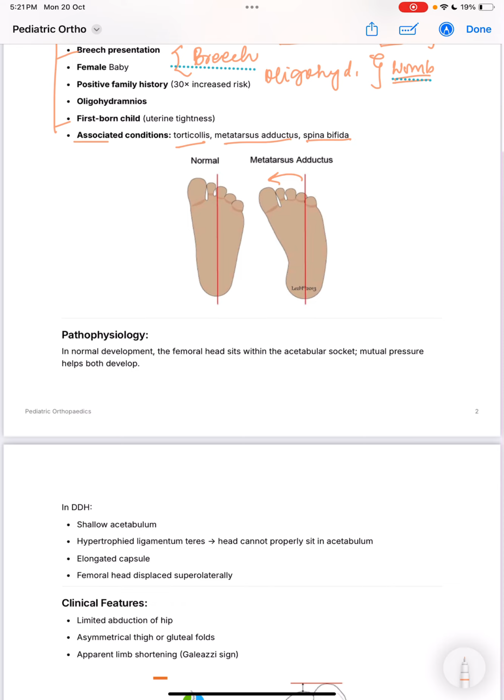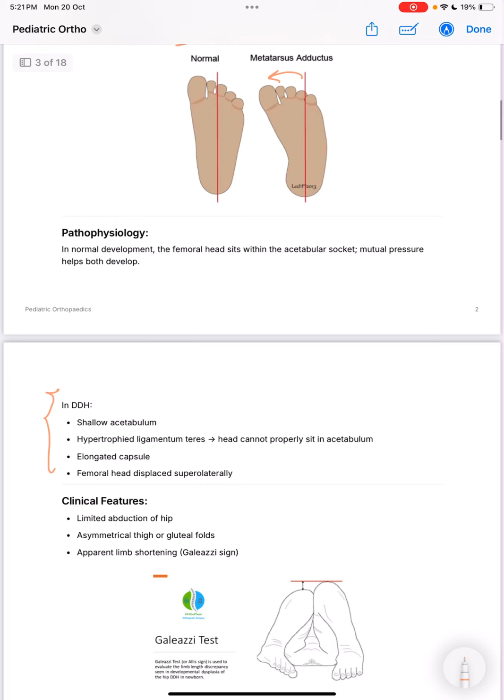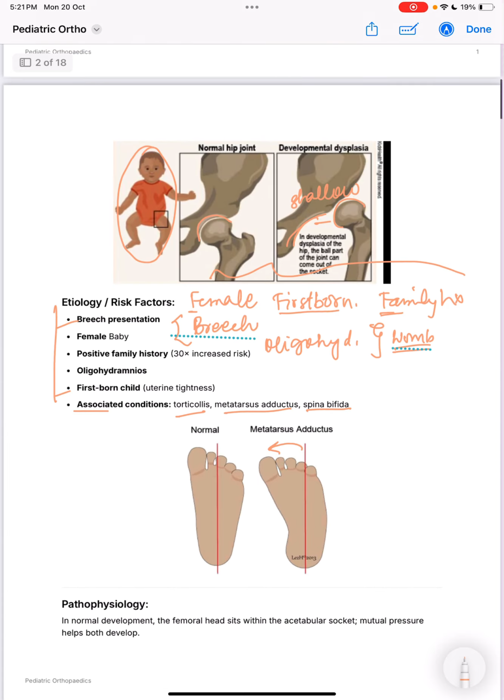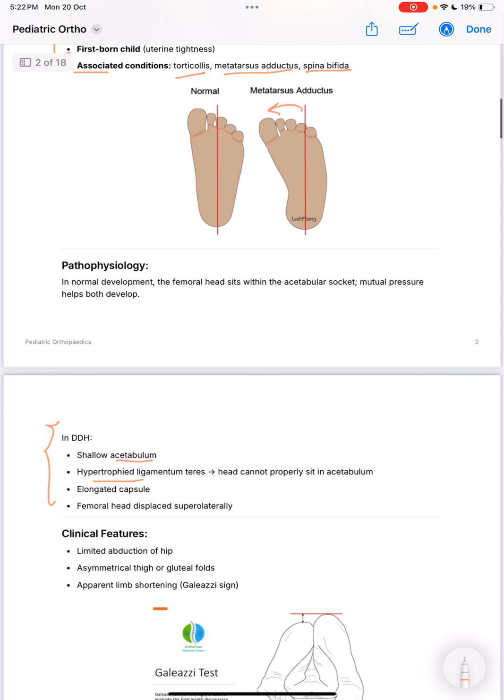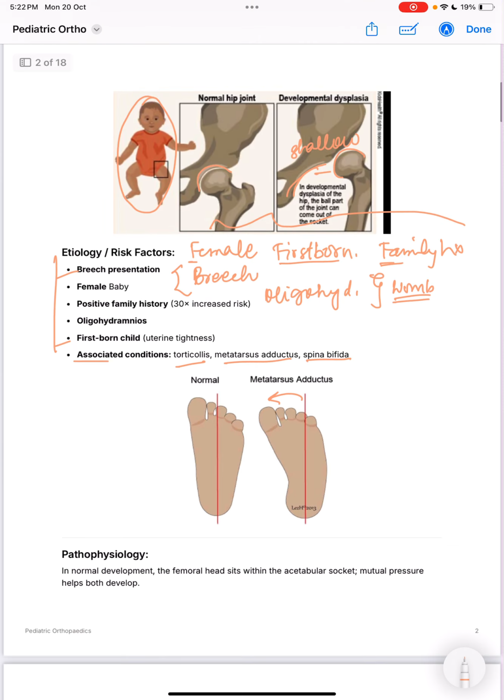The pathophysiology is a shallow acetabulum. So we saw here the shallow acetabulum, and it can either be due to a hypertrophied ligamentum teres. Now we need to understand that the ligamentum teres is present here, and it allows for the attachment between the acetabulum and the head of the femur, and this also brings blood supply, although the blood supply is not very significant, especially in elder individuals.